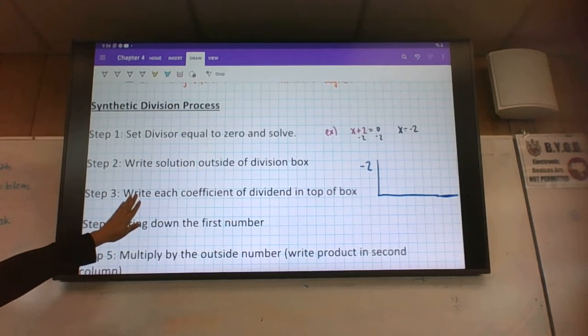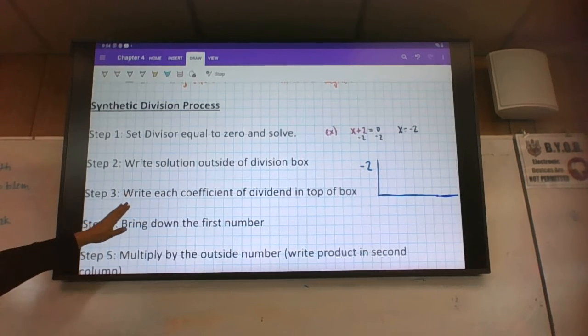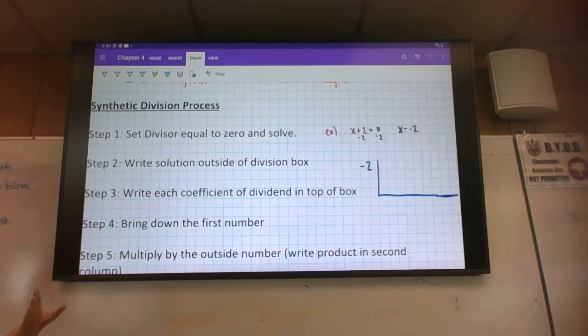Step 3, you write each coefficient of the dividend on top of the box.